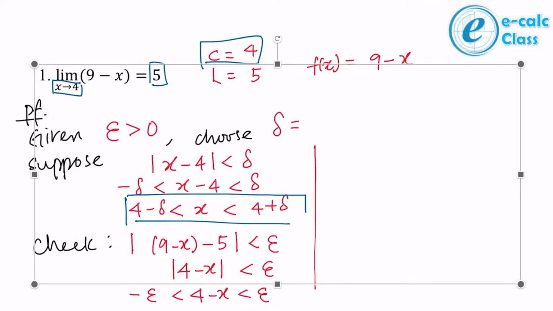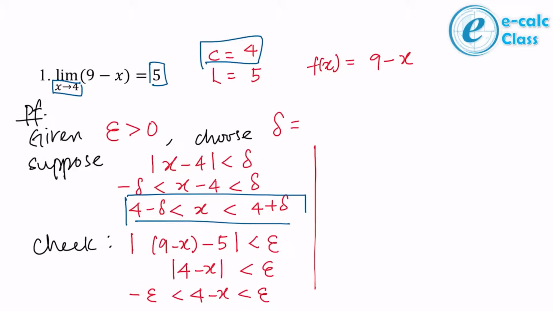And what's next? Because I want to compare my x, I just go ahead and bring the 4 over, maybe negative epsilon minus 4. Then I need to flip the sign. Now I flip the sign: this is 4 minus epsilon, because I multiply everything by negative 1, epsilon plus 4.